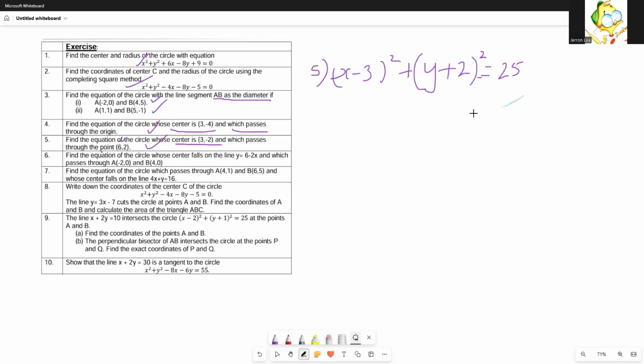So is there a better way to do this? We will discuss. Let's talk about number 6 first. Find the equation of the circle whose center falls on this line and which passes through A and B over here. So this is what we see, and let's see whether we can do something about it.